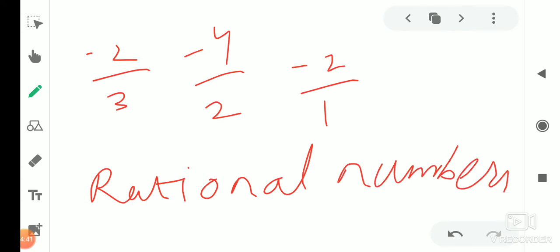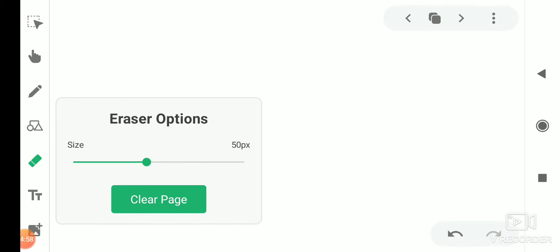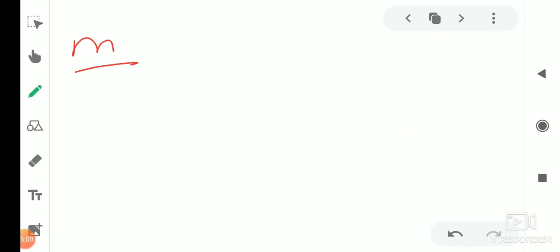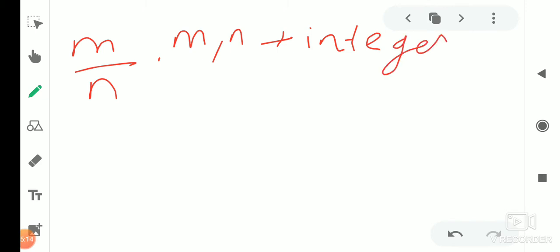Okay, so we cannot say the definition of rational numbers is that numbers like this are called rational numbers. The definition of the rational number is that any number that can be represented in the form of m by n, where m and n are integer numbers and the denominator can never be equal to 0, is called a rational number.